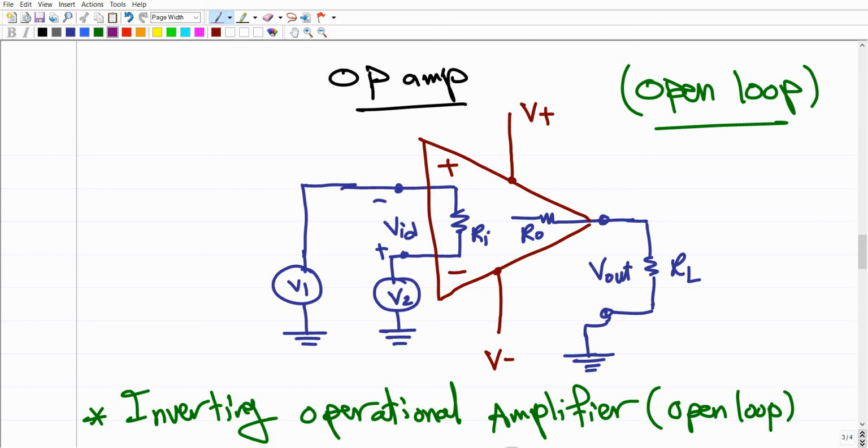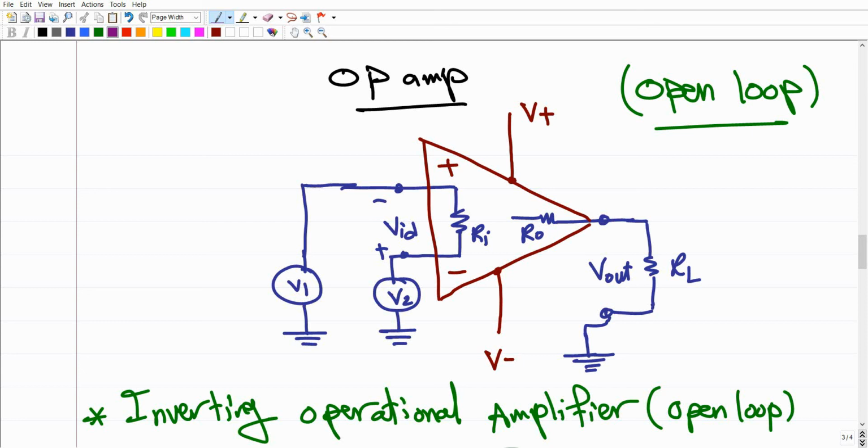Closed loop means you have an input, then you end up with an output, and then a comparator compares the output signal to the input signal again. This is known as a feedback signal. This happens for closed loop systems, or an operational amplifier with closed loop configuration.